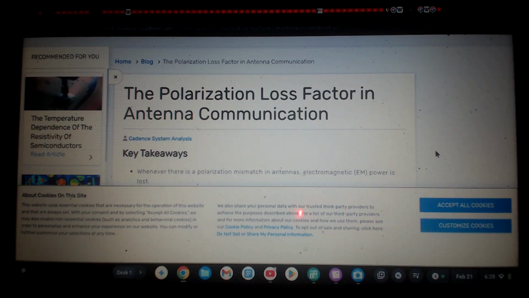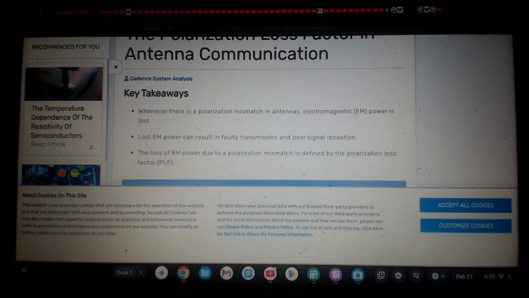Alright, I hope you can see this. I'm not going to close this because they won't give me an X to exit out, and I'm not hitting any of these buttons. But here's an article, the polarization loss factor in antenna communications. Whenever there is a polarization mismatch in antennas, EM power is lost.